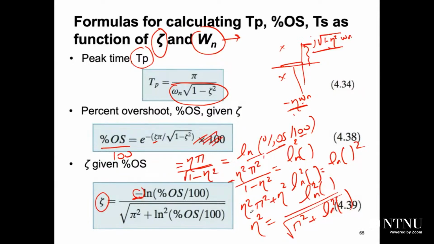So multiply both sides by it, and the minus will come out positive.